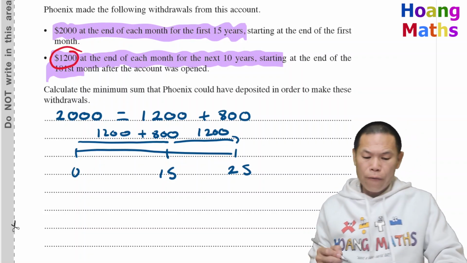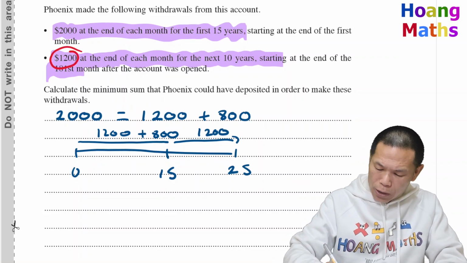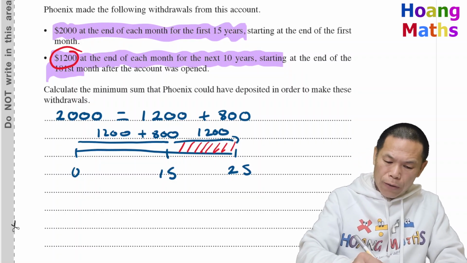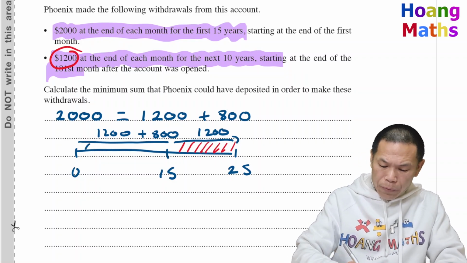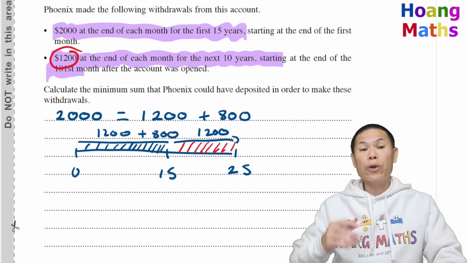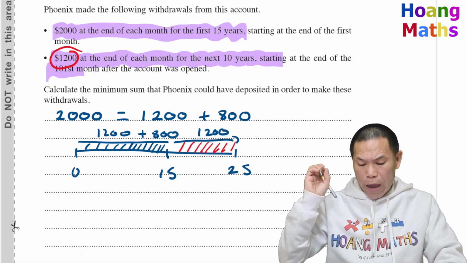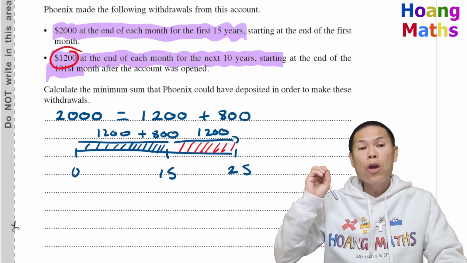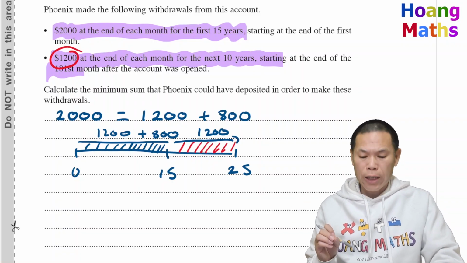So this is for the next 10 years, this timeline here. For the first 15 years, Phoenix withdraws $2,000 every month. After that, he withdraws $1,200.